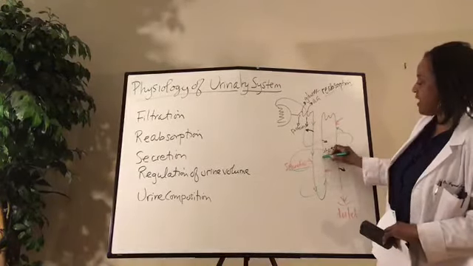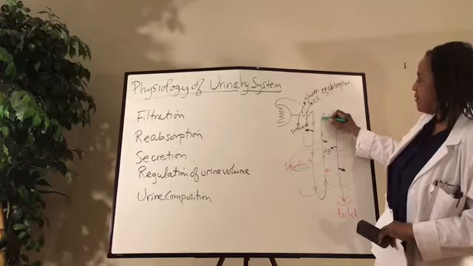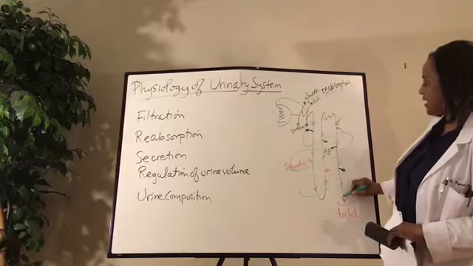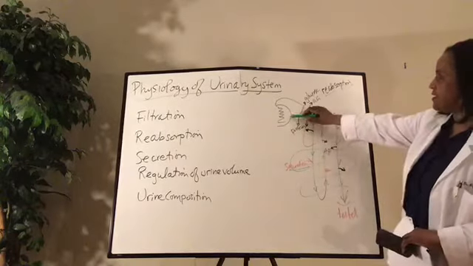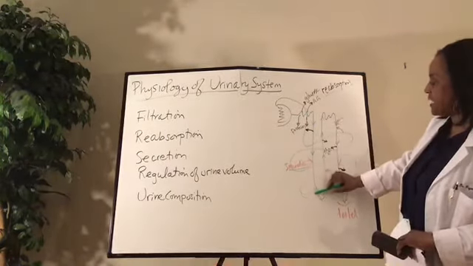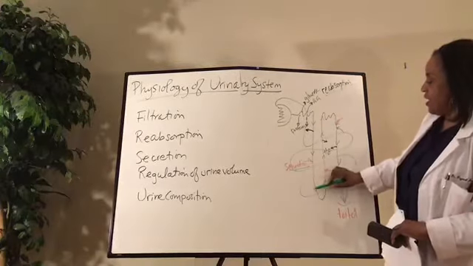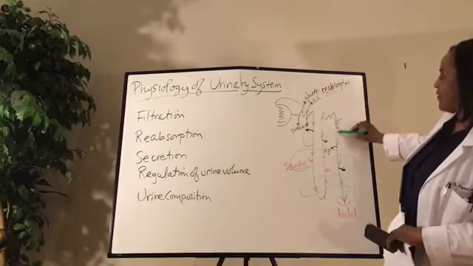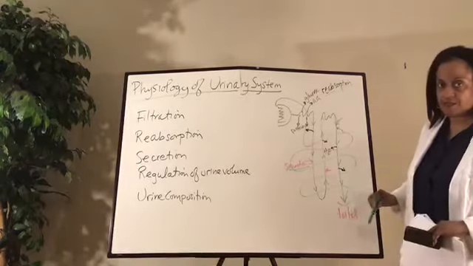And I should have made that point before so that you will know how the urine gets into the toilet. It's coming from here, going down the descending limb of the loop of Henle, around the loop of Henle to the ascending limb, through the distal convoluted tubule, down the collecting duct, if you can follow that.